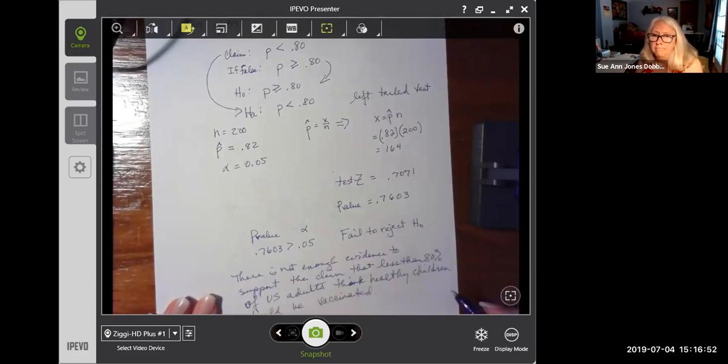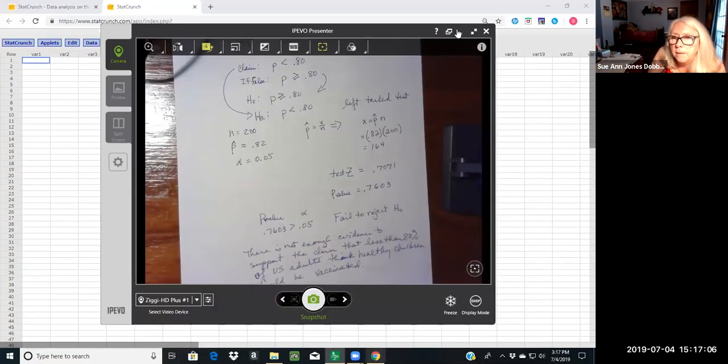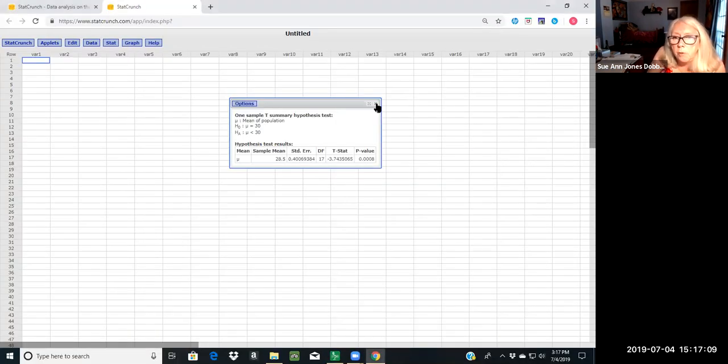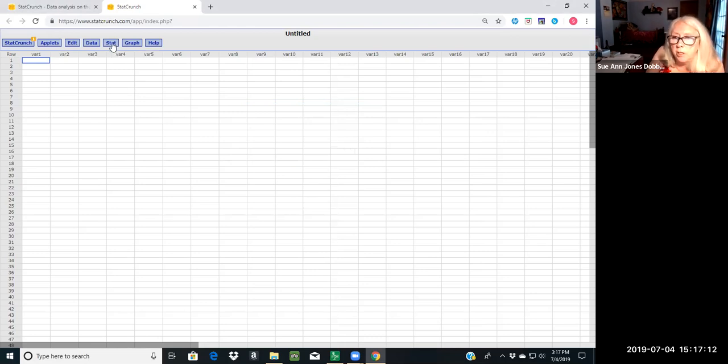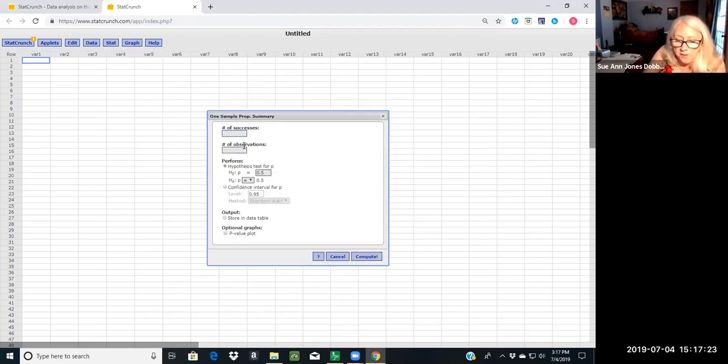Okay, so that's doing it using the calculator. Let's do the same thing using StatCrunch. All right, so let me do a new share. I'm going to share the screen. Okay, so since this is a proportion hypothesis test, we go to stat and we go down to proportion stats, one sample with a summary. So the number of successes, that's my X, that's 164 out of total observations of 200.